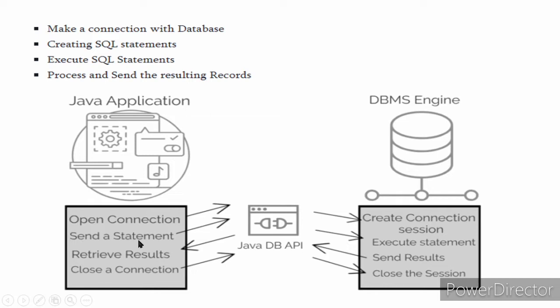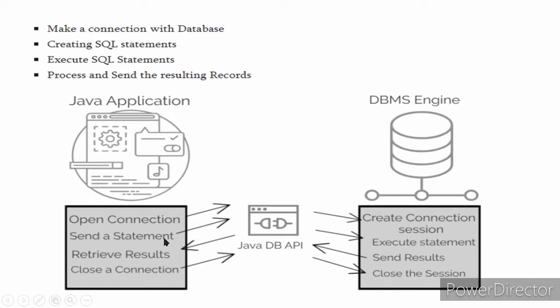When the Java application opens a connection, the DBMS also creates a connection session at the server side. Next, to access the data, the Java application will send a statement to the DBMS engine. The DBMS engine will execute the statement.